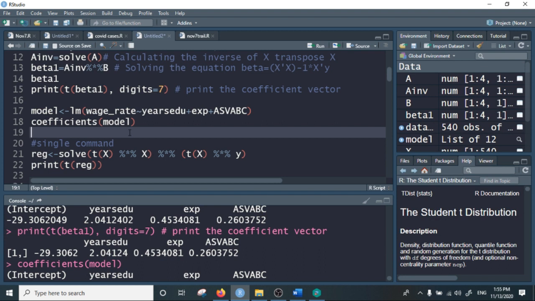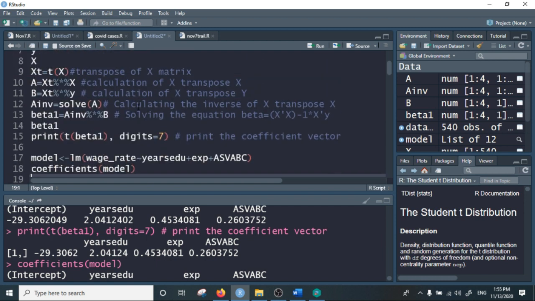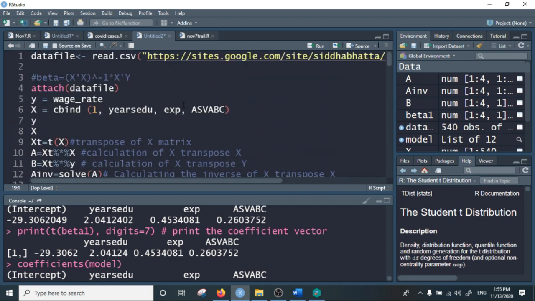So in this way, we can manually estimate the regression coefficients by simply using the matrix formula X transpose X inverse times X transpose Y.